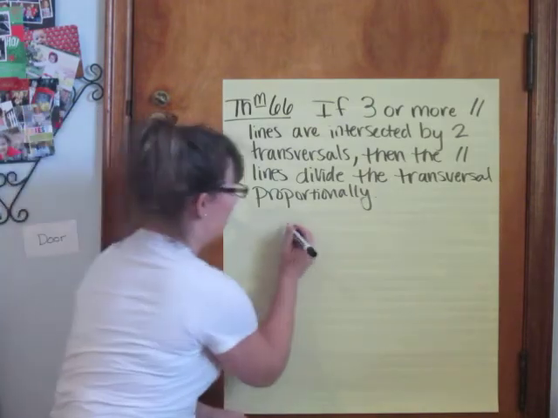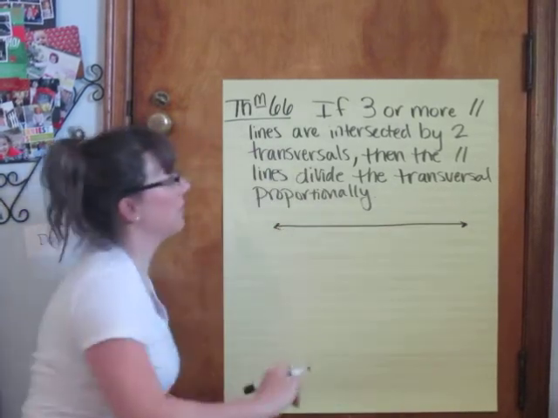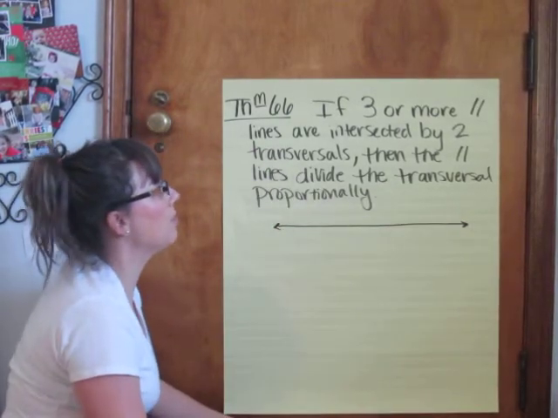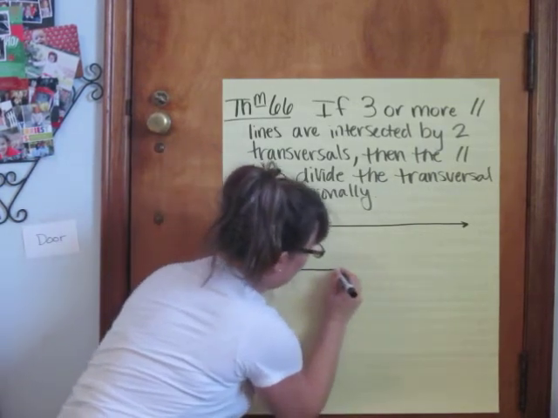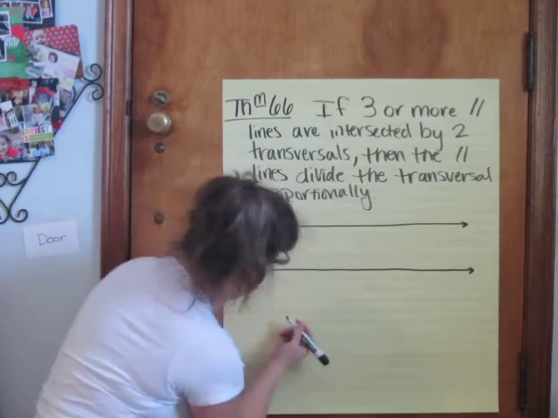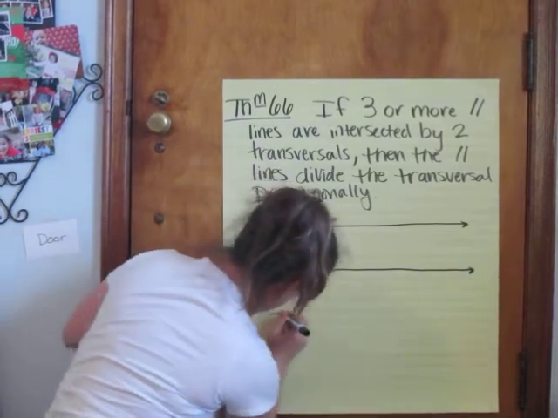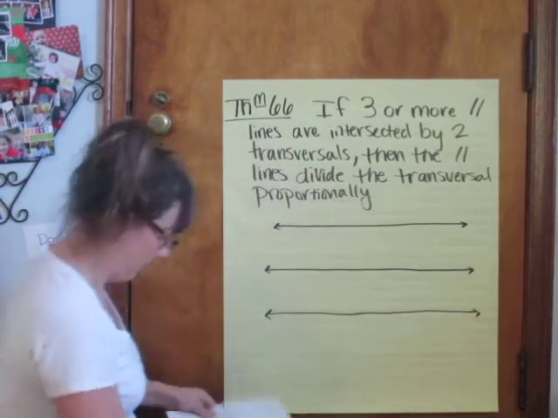So here's what it does. First I have to have what? What's the theorem say? What's the very first thing I have to say? 3 or more parallel lines. So here's one parallel line. Luckily for me, this is lined paper. And still, make them straight.